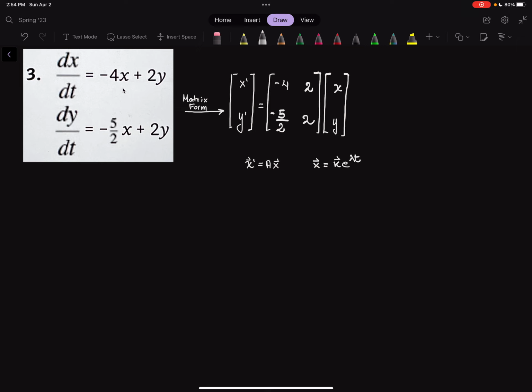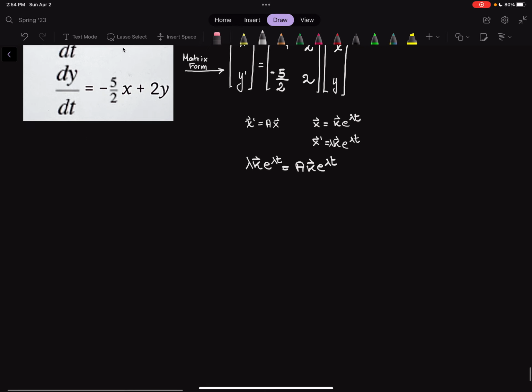And I will say that k is all made of constants. Then x prime is going to be k, the lambda in front, e to the lambda t. I just took the derivative of the part that varied in the expression, and then the constants stayed the same. Now I can substitute these back in, and what am I going to get? I'm going to get lambda times k e to the lambda t is equal to the matrix A times k e to the lambda t.